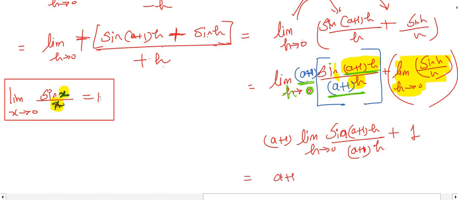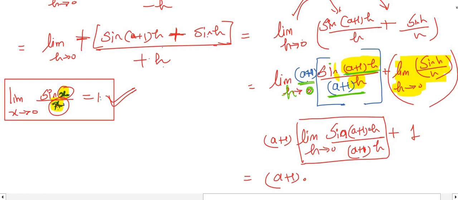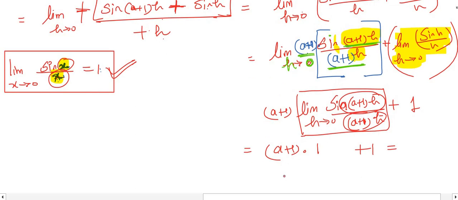So this will be a plus 1 into, what is this part? We can apply this formula because this is applied when these two are matching. When these two are matching, so this will be 1 plus 1. So total answer is how much? If we simplify it, a plus 1 is a plus 2. So this is my left hand limit.